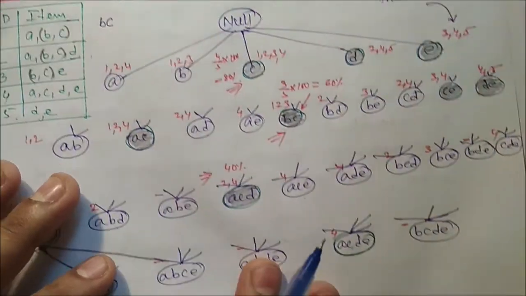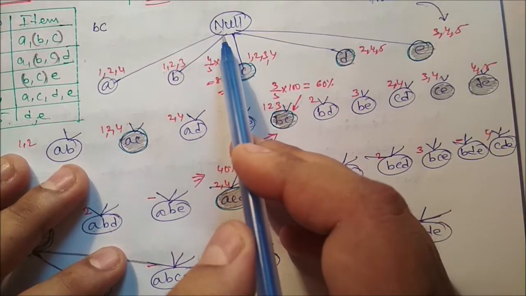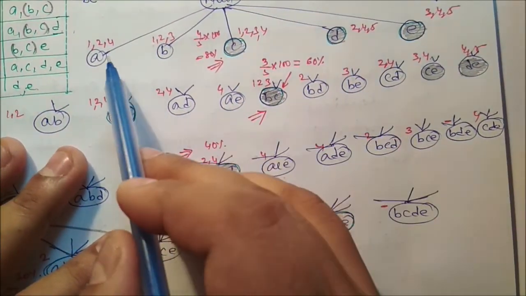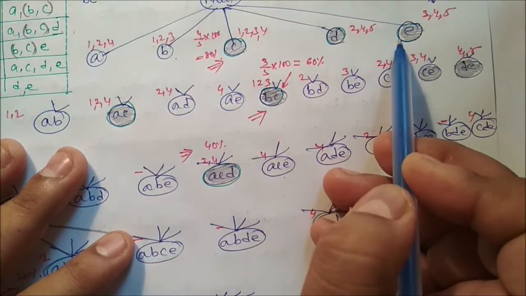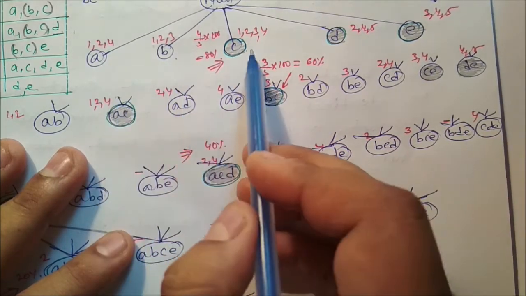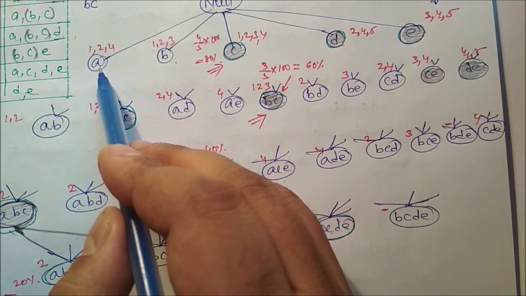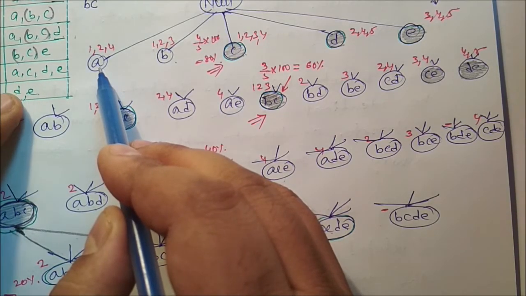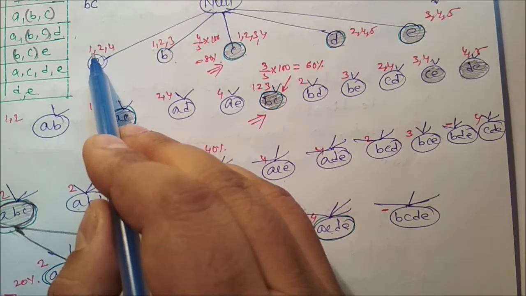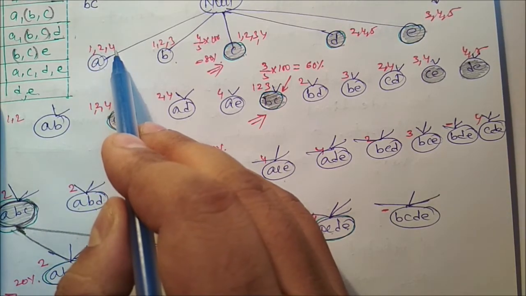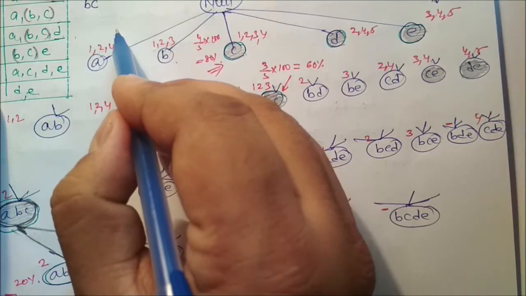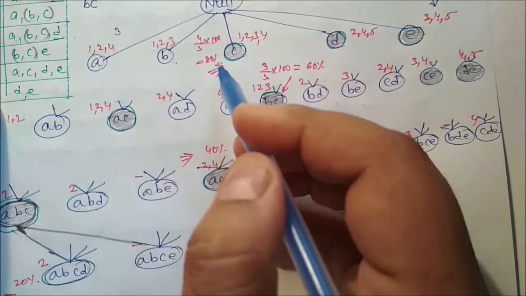Initially 5 items are there: A, B, C, D, E. So these are the one item sets. Now A, in how many transactions is A there? In the first, second and fourth transactions. That means its frequency is 3.